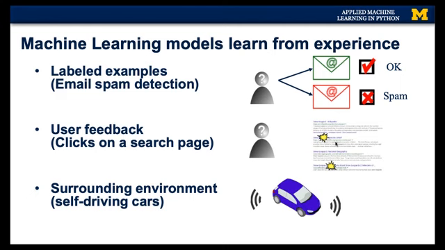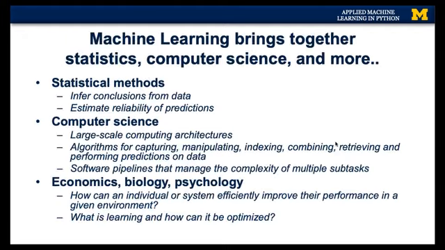Machine learning can also be used for understanding the surrounding environment, for example, self-driving cars. These cars are able to process different types of data from their sensors and from cameras, and based on those sensor data or images, they are able to drive without any driver.